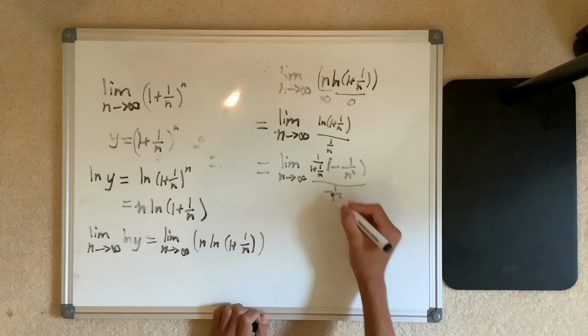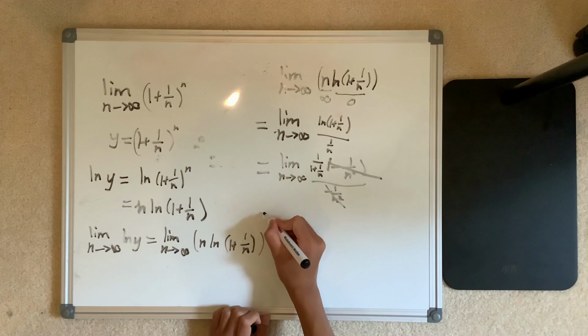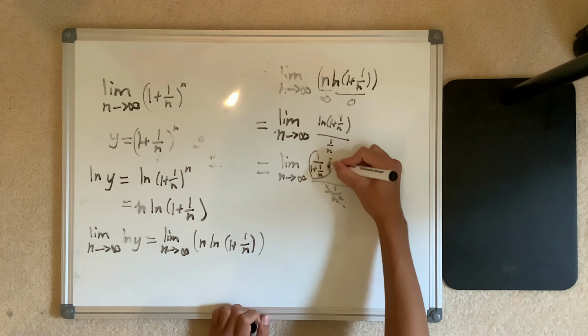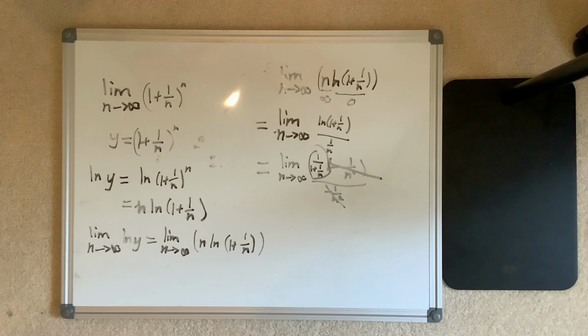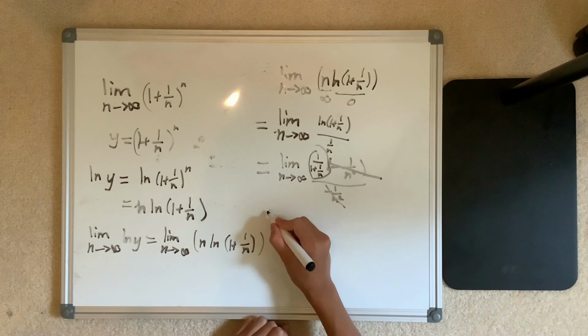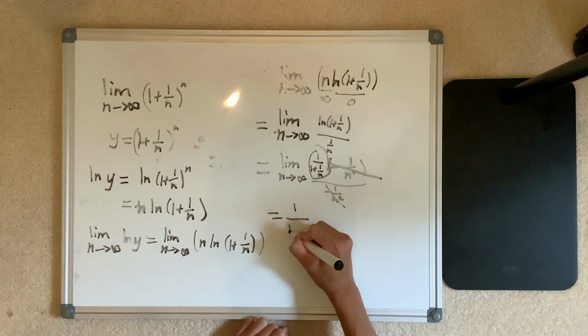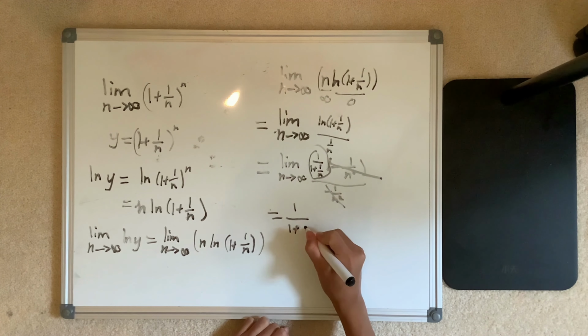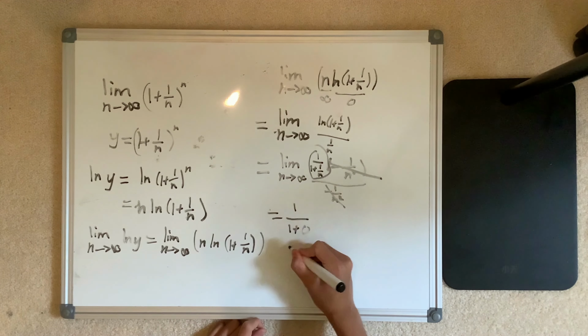So look, these cancel out. And then we only have this part left. So the limit as n goes towards infinity just equals 1 over 1 plus 0, because 1 over infinity is going towards 0. So this equals 1.